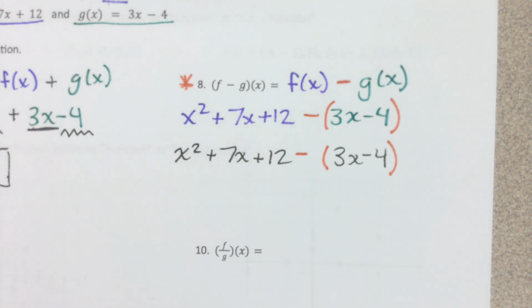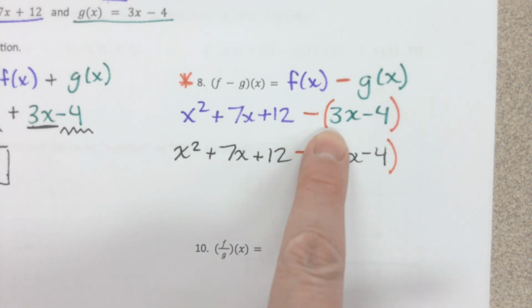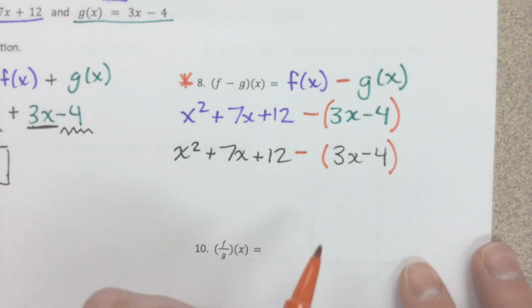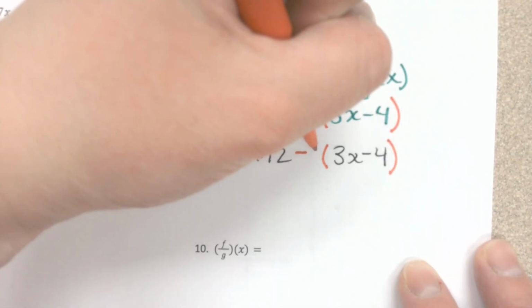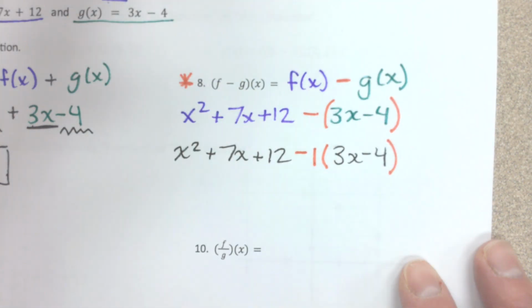This is definitely one of the sneakiest, one of the most forgotten rules in all of algebra: how to handle problems like this one here. When you subtract, you're subtracting this entire expression, not just the 3x, not just the first thing. So the trick to handling this is to treat this negative as a -1 and then distribute it inside those parentheses.